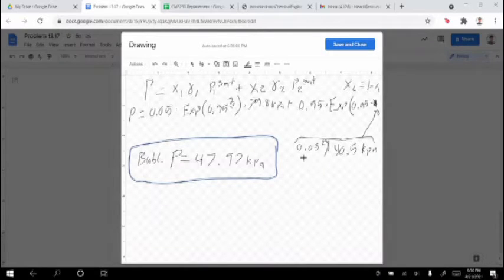And then we are also able to extend this on to find our vapor fraction for component 1.